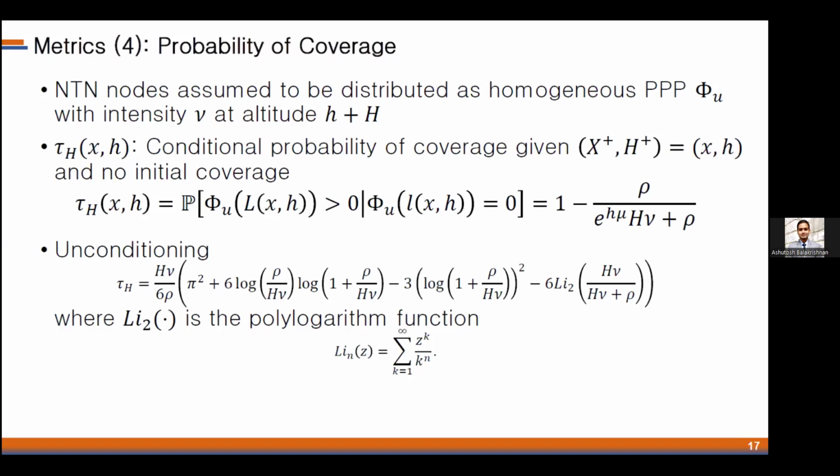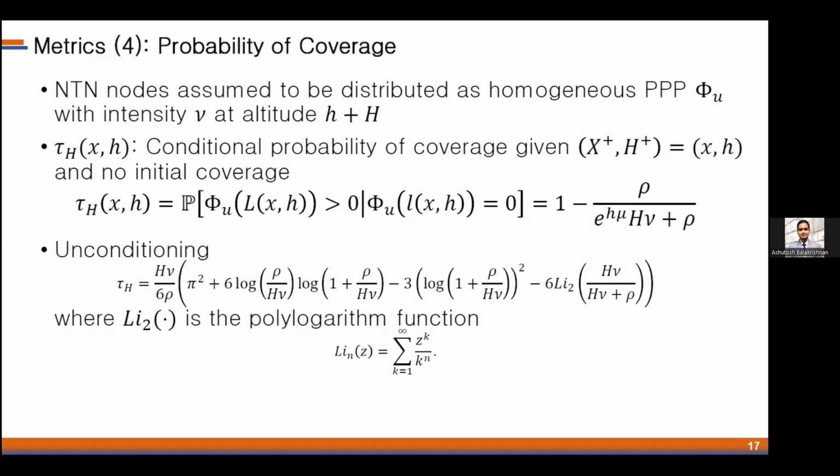And we define tau h, x, h as the conditional probability of coverage given that the height and location of the building are here, and we also condition that there is no initially visible NTN node.